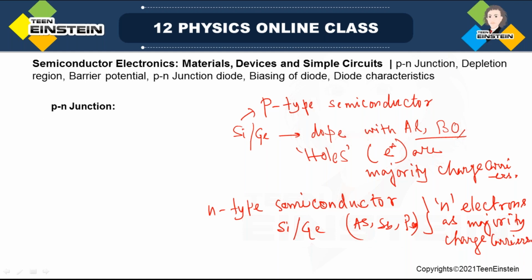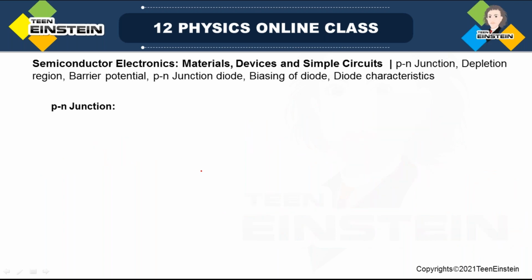Now, p-n junction means what? Suppose you have a p-type semiconductor and another n-type semiconductor, and you have a junction between them. This is the junction, and it is called a p-n junction. Generally, it is a single crystal. I'll write the definition.